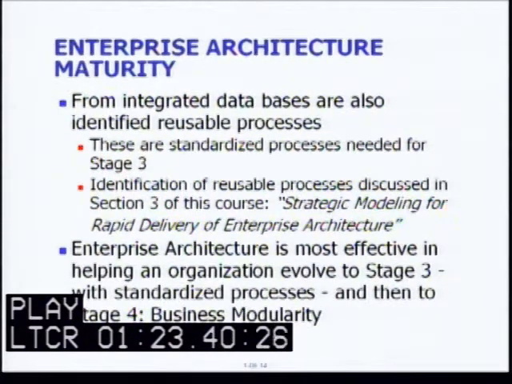Enterprise architecture, we've found, is most effective in enabling an organisation to evolve to stage 3 with standardised processes and then to stage 4 business modularity.